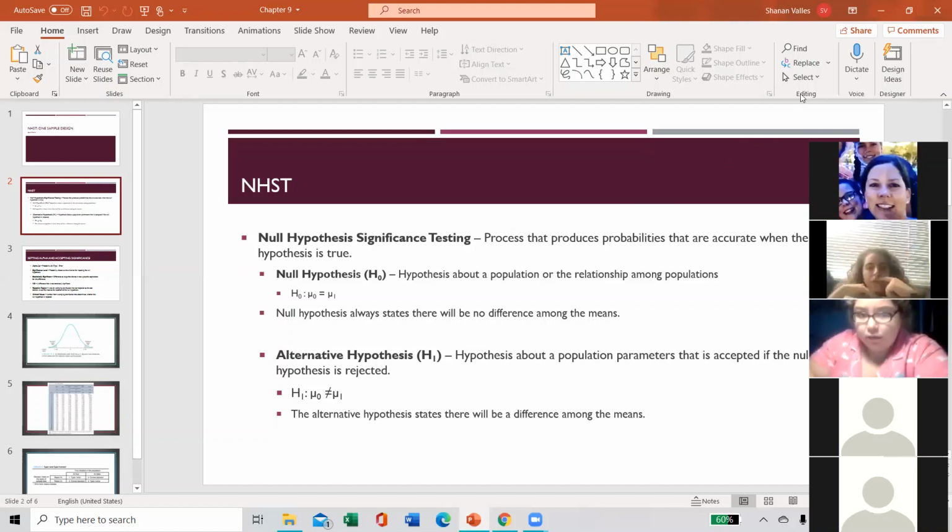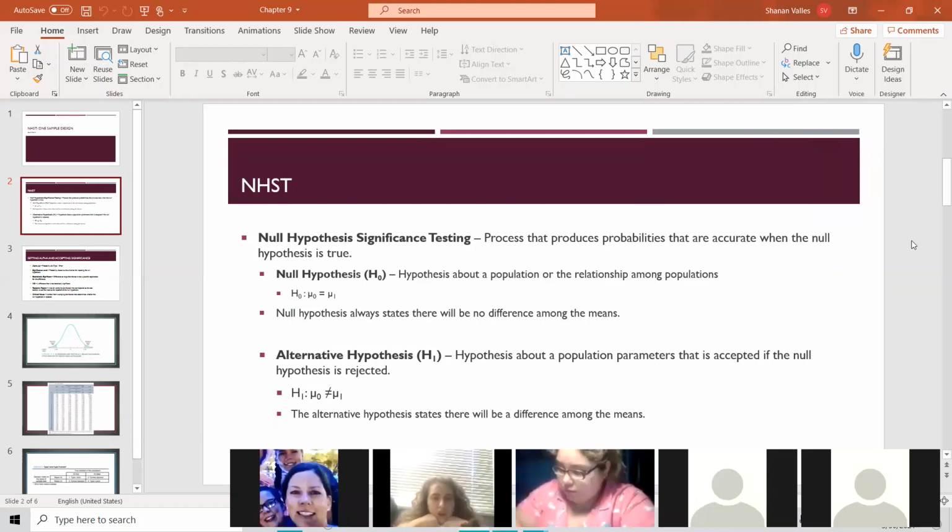You guys probably had a little bit of this, or may have seen some of this in biology class. If you've taken any math statistics classes, you might have gone over this. So null hypothesis significance testing, I'm just going to say NHST, is the process that produces probabilities that are accurate when the null hypothesis is true.